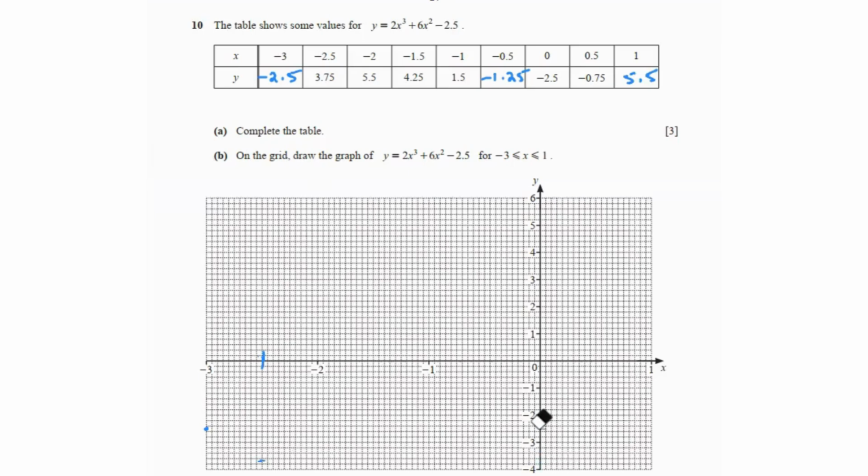Then -2 and 5.5. Then -1.5 and 4.25, somewhere over here.